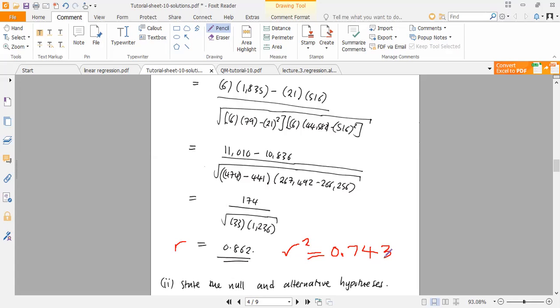Yes, of determination. So this one here is just telling us that the relationship is positive. Now here, this one is telling us the strength. This is a strong relationship. It's 74.3% of Y that is influenced by X. So this is where the strength is coming from.